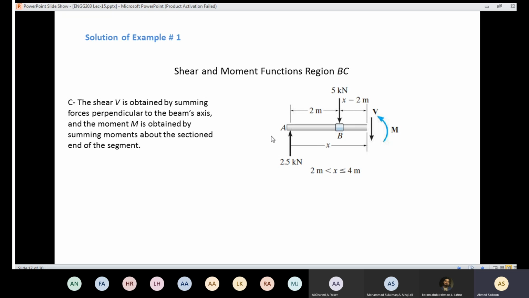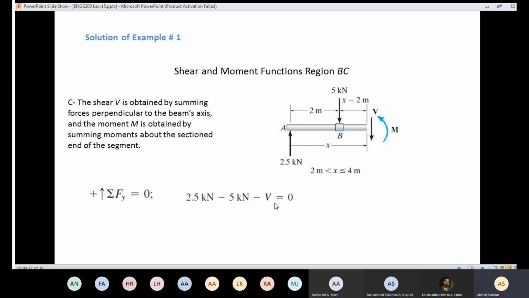Again, I'm going to apply the equations of equilibrium. In order to know the value of V, I'm going to use the summation of the forces in the y direction should equal 0. Do not forget the sign convention. Then 2.5 is going to be positive, 5 is going to be negative, and the shear is going to be negative. So this one is positive, this one is negative, and this one is negative as well.